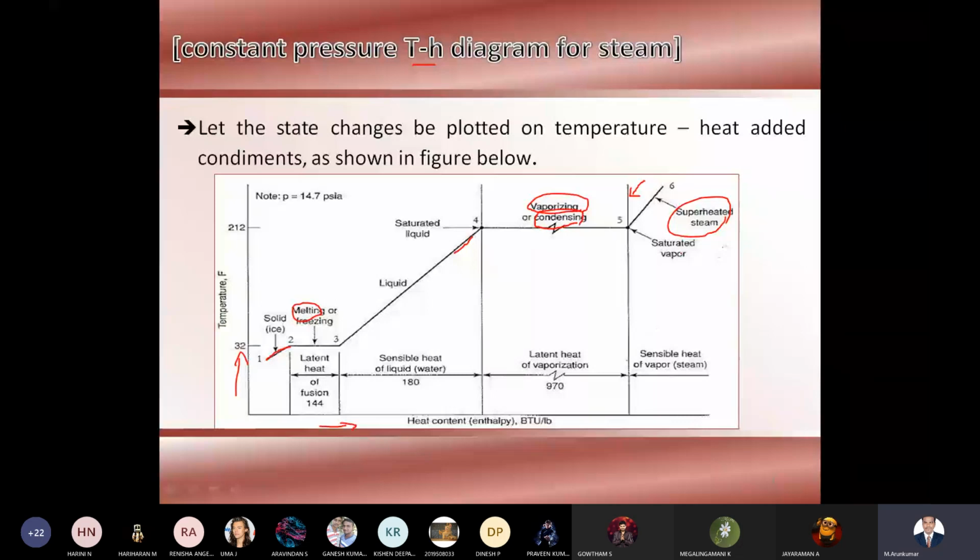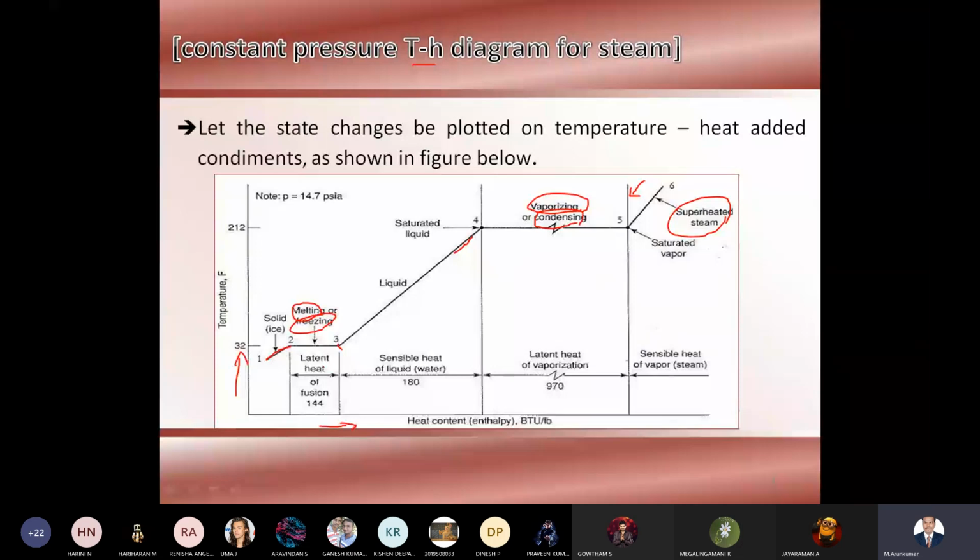If you want to turn superheated vapor into saturated liquid, we have to condense it. If you want to turn liquid into ice, we have to freeze it, as you know very well. So this is the TH diagram of the steam.